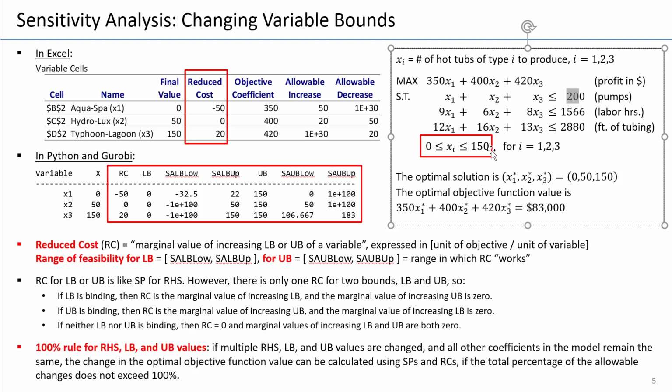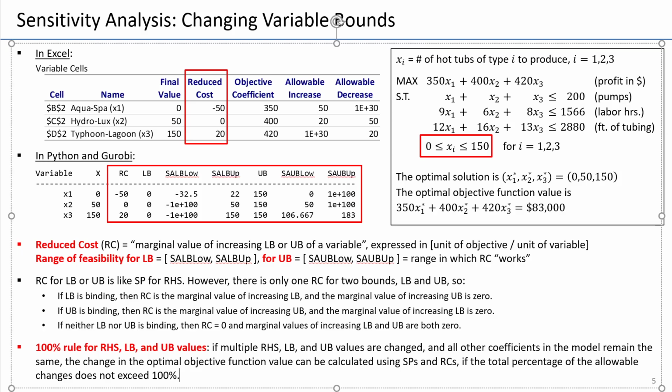For the change in lower or upper bound, we use reduced cost or a marginal value that applies to it, and we can still determine the change in the optimal objective function value. And of course, if the optimal objective function value changes, the solution will also be changing.